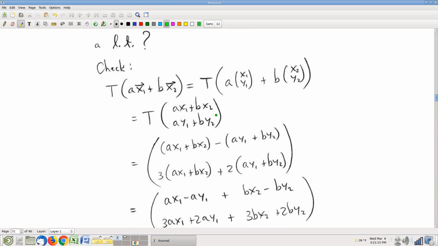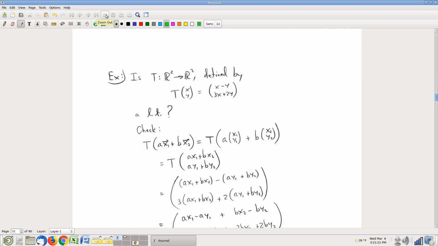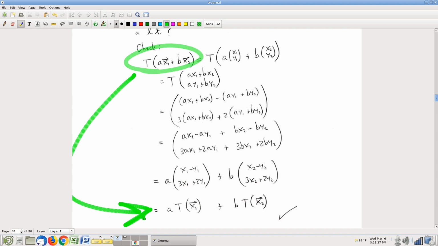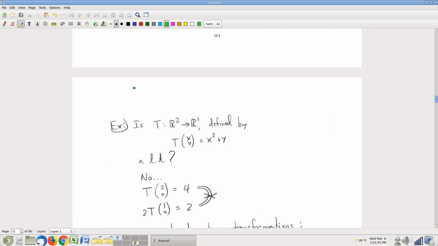Then we talked about how to brute force check that something is a linear transformation. Again, what you have to do is show that when you put a linear combination in, you get the expected linear combination out. All right, so that's where we left off last time.